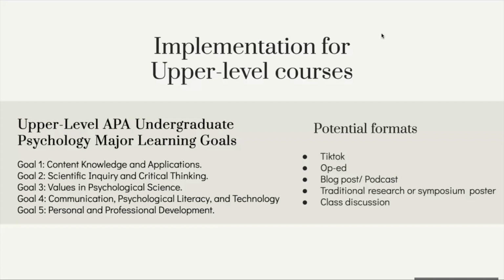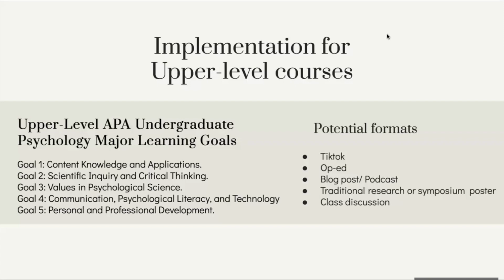Some topics that you might cover in a Psychology of Women course could be things like gender-based violence, the gender wage gap, reproductive rights. All of these things could be incorporated based on the Right to Learn information, and then spread into this larger project and sharing of information that we have.